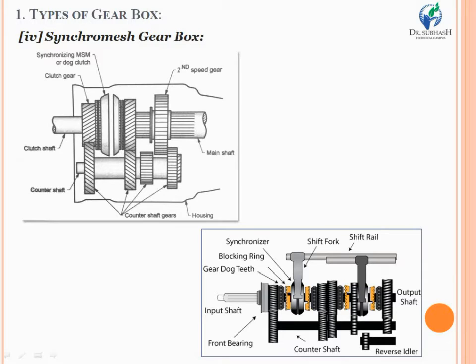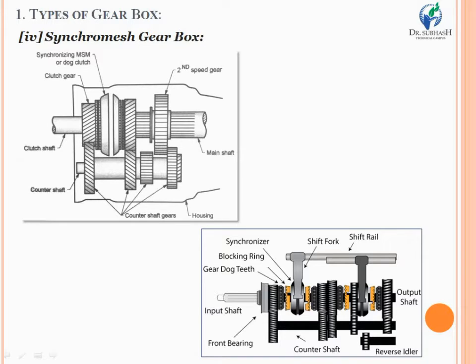So in the synchronous gearbox, engagement and disengagement happen by virtue of friction. Whenever the clutch shaft and main shaft come together with sufficient frictional grip, power can be transmitted from the main shaft to the counter shaft. At that time both are connected smoothly and power is transmitted.